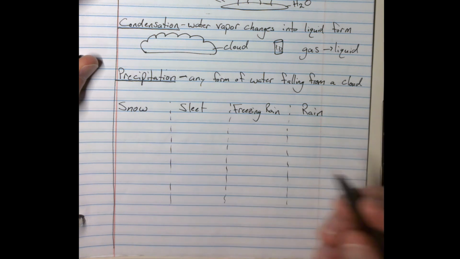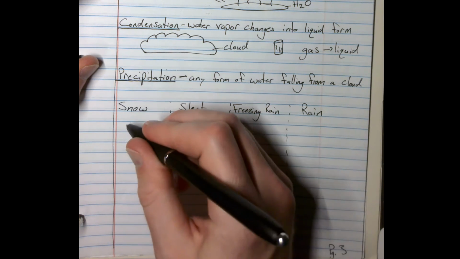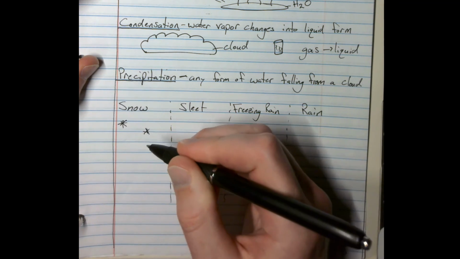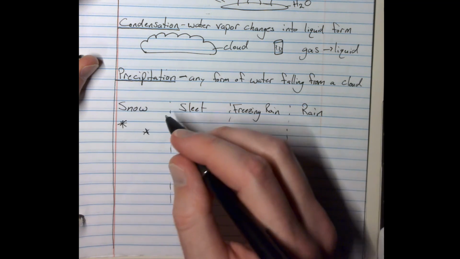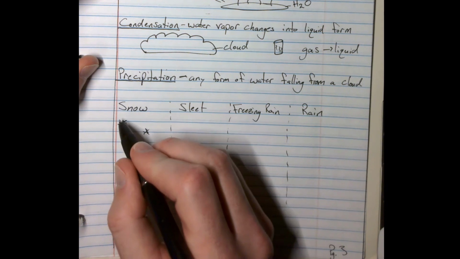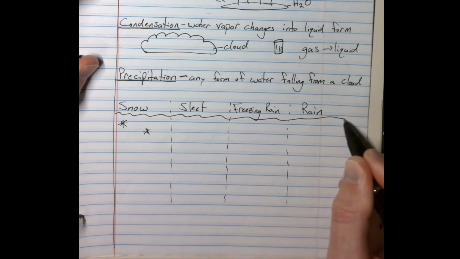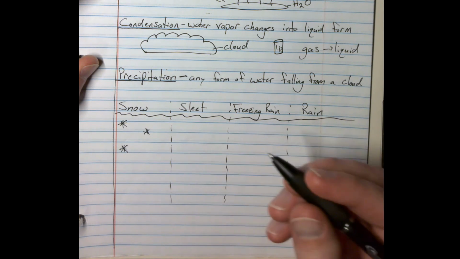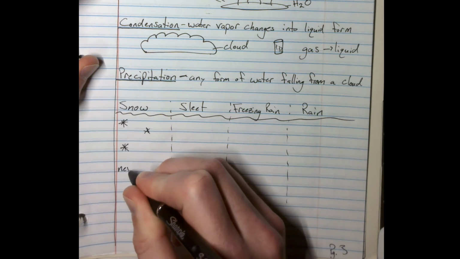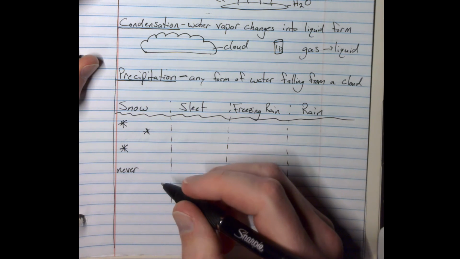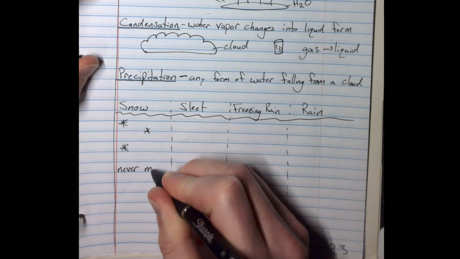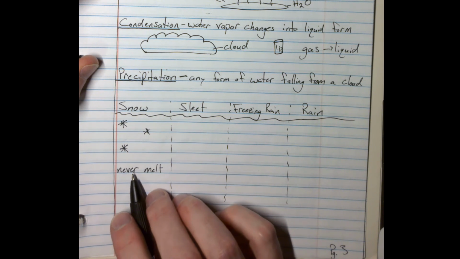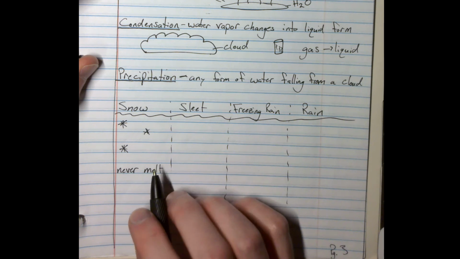And there's some differences between all of this. So for snow, for example, we've got our clouds up here. This is going to never melt as it's falling. Obviously, if it hits the ground, it could melt, but as it's falling, it doesn't technically melt.